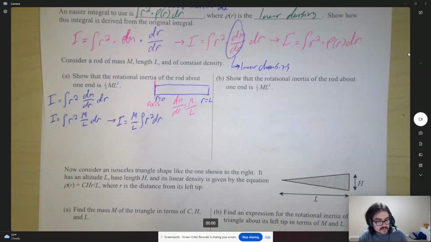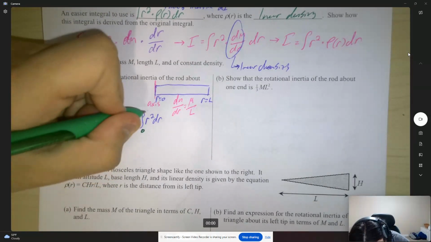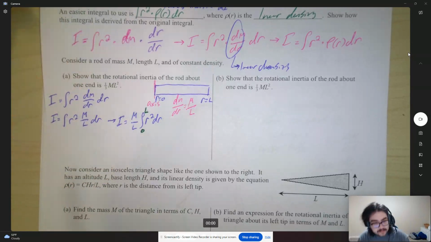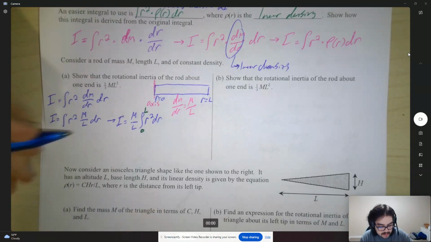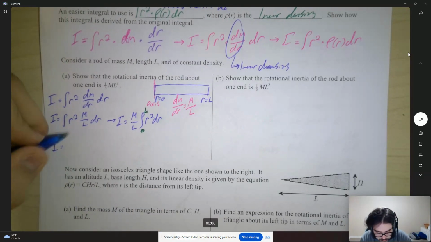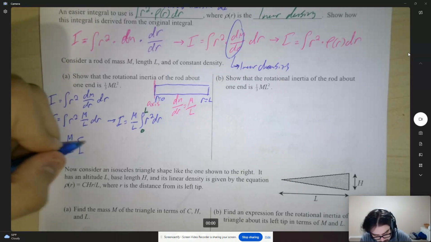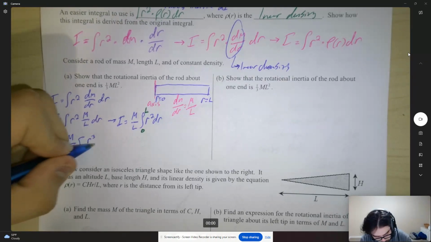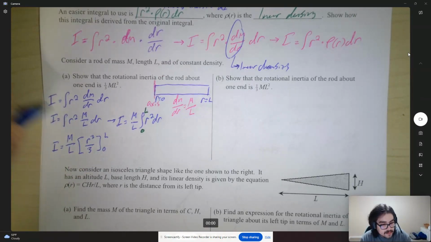I want to take this integral from r equals 0 to r equals L. And then when I integrate, I should end up getting I equals m over L times r cubed over 3, from 0 to L. And then I apply the fundamental theorem of calculus.